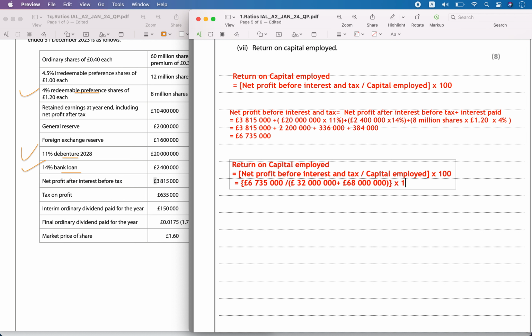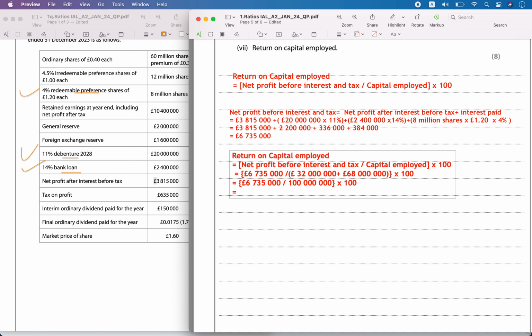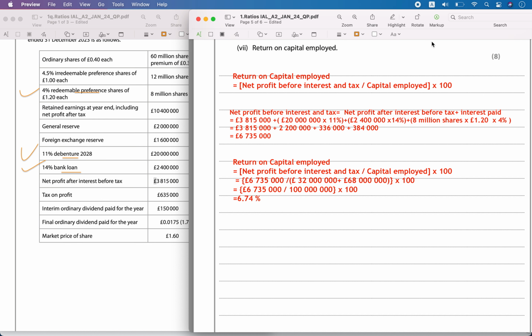So 32 plus 68 is equal to 100 million, times 100, so that is going to be equal to 6.74 percent. So this was the return on capital employed.